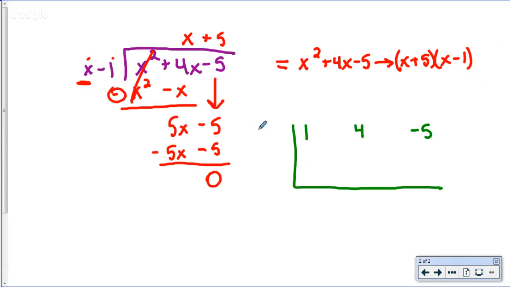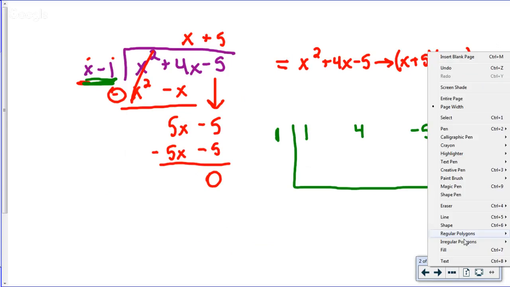Out here, instead of having the factor, I want the zero. So if x minus 1 is a factor, x equals 1 is my zero. Now, this process is usually really quick, but it doesn't work for everything. It will only work if it's a binomial out here, of degree 1.